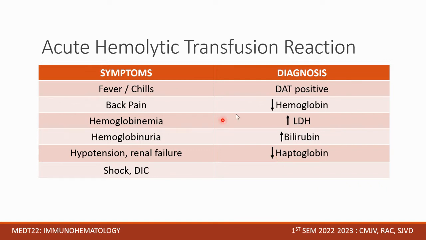So, decrease ang hemoglobin niya in testing. Why? Kasi nga, there is hemolysis. So, pumuputok si RBC, so nawawalan ng hemoglobin, or decrease ang hemoglobin saturation ni patient kasi nasa plasma ang hemoglobin.